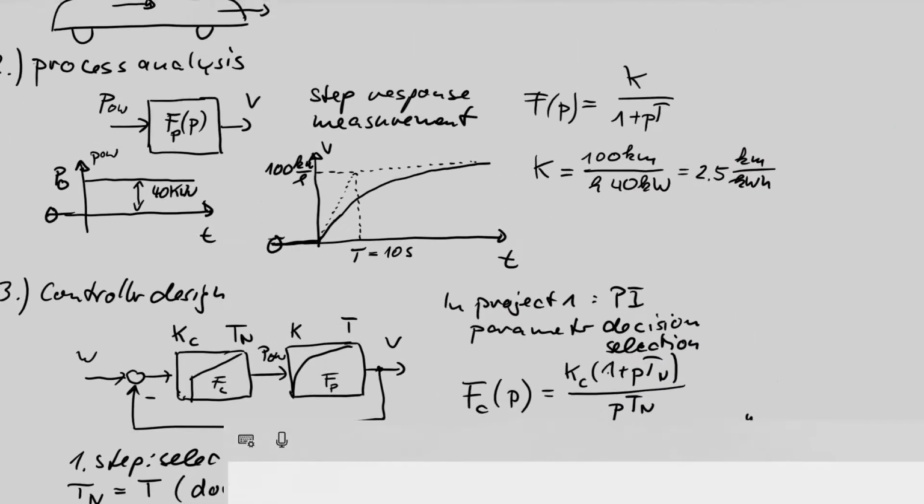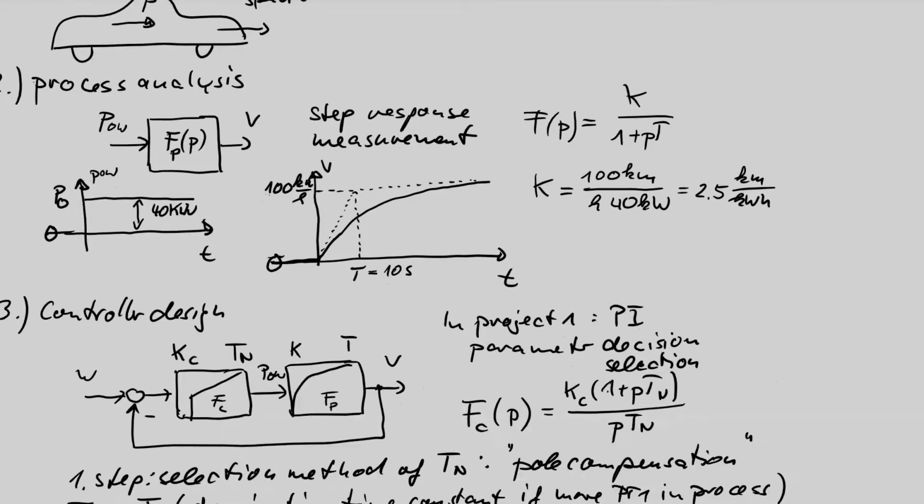Let's check if this could be. Of course, we have started with our process model response. We have assumed that a 40 kilowatt power step ends up in 100 kilometer per hour. So if we reduce this with a factor of 2, also this power has to be reduced with a factor of 2 down to 20 kilowatt. We assume linear systems.